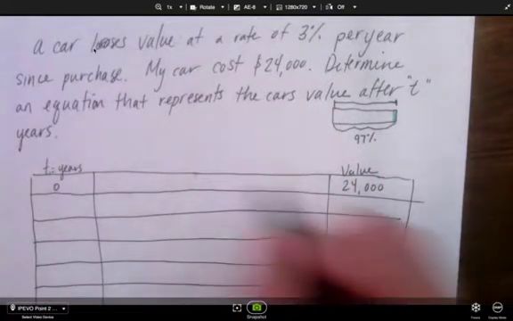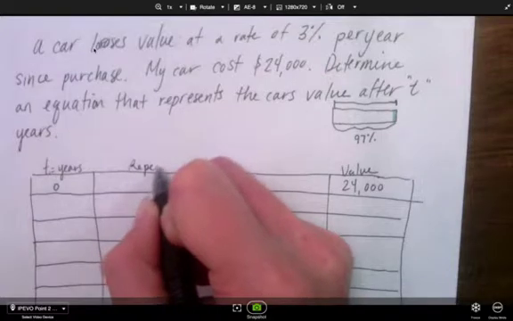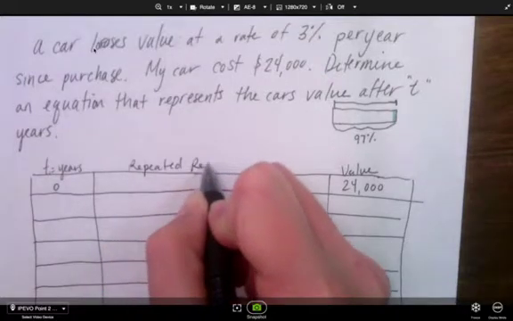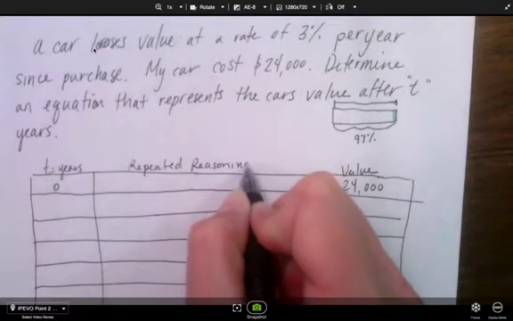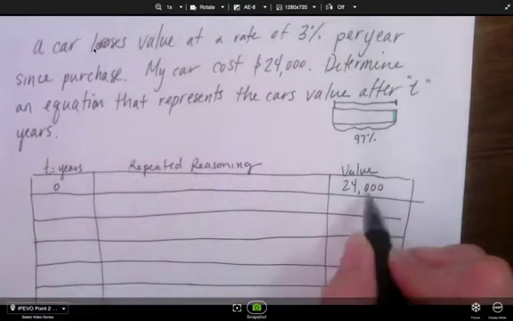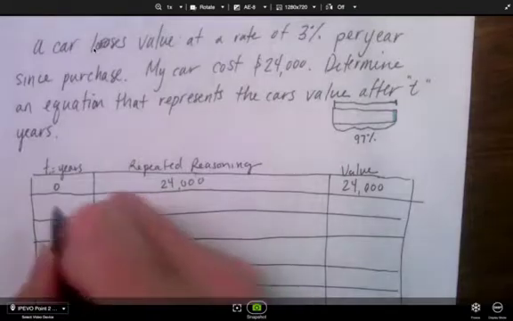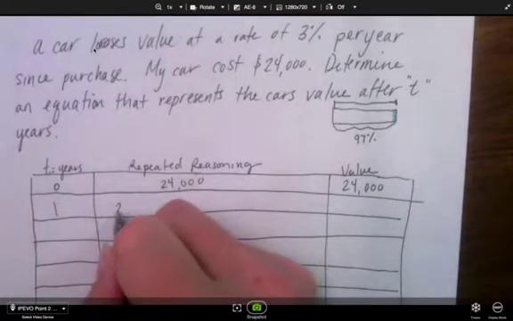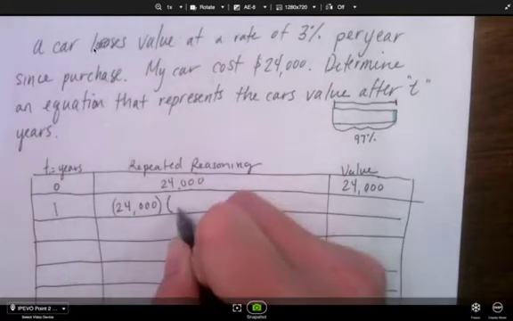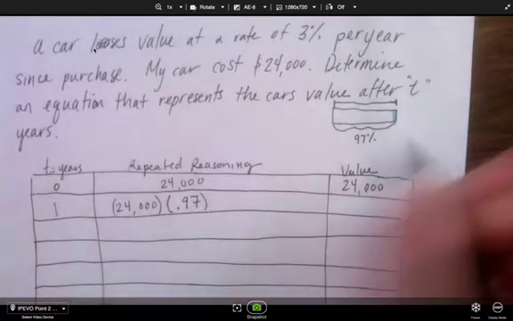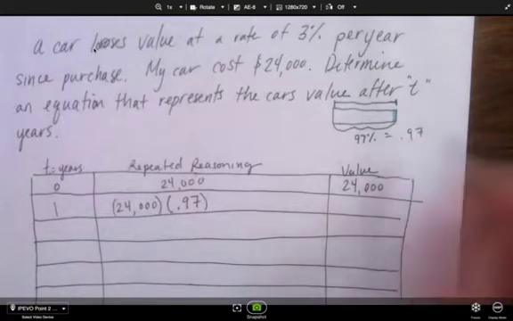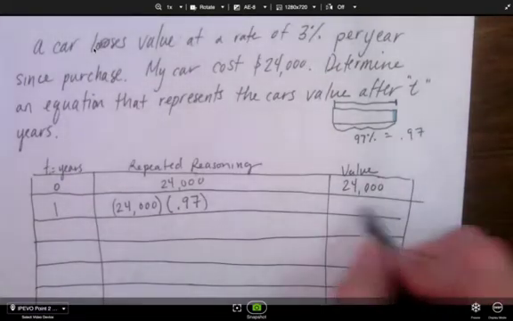So we're going to do this repeated reasoning again here. At 0 years, we just say 24,000 was how much it cost. After 1 year, our 24,000 is only going to keep 97% of its value from the year before, which is going to be some number.